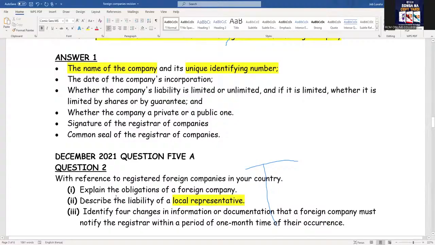So for the first one, what do you think will be the obligation of a foreign company once it has been registered? What will be their obligation to fulfill under the law, or under the Companies Act?